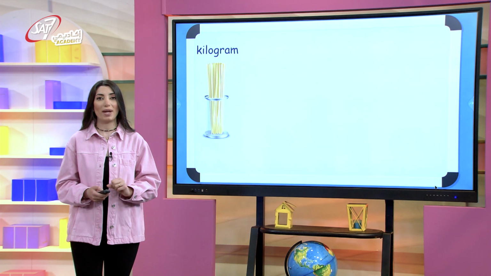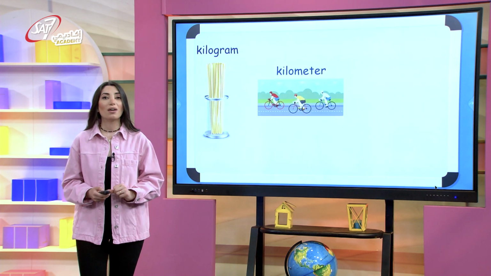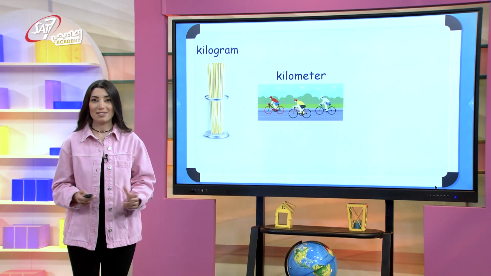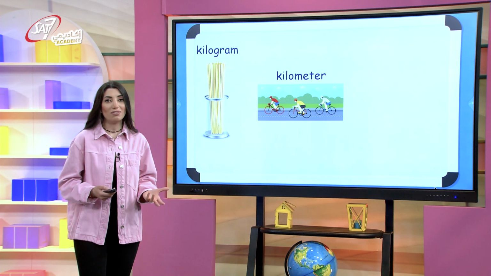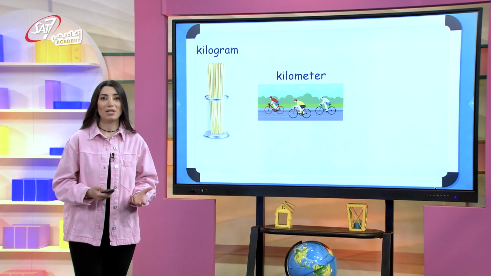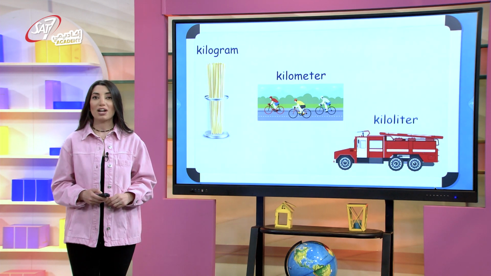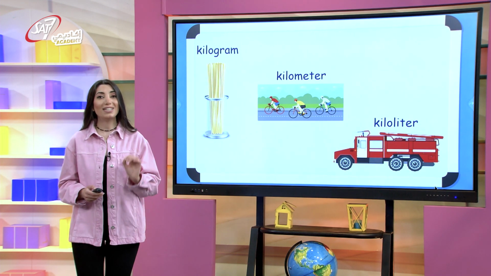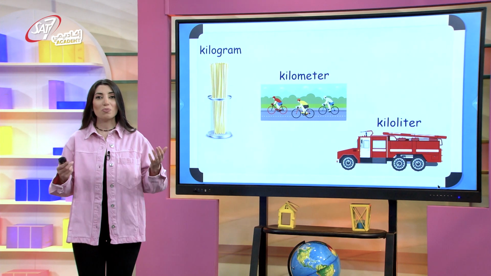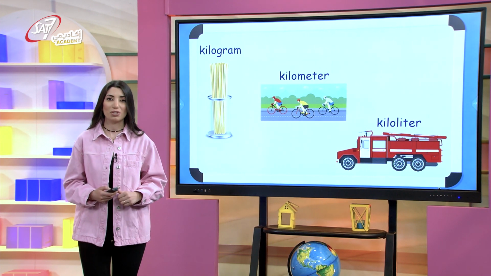That's measuring weight. Joining 1 kilometer races means you are about to run a 1,000 meter race. That's measuring distance. A fire truck that carries a kiloliter of water holds 1,000 liters of water.